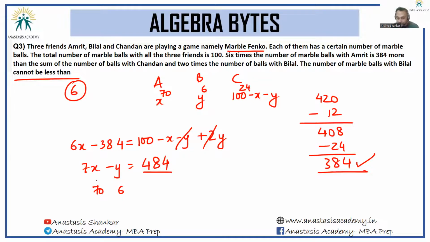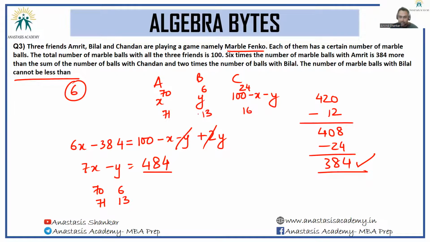It is not to say that x and y can only take values of 70 and 6. The next possible value would be 71 and 13. This would also be acceptable. This increases by 1, this increases by 7. Yes, this would also be acceptable. Let's go ahead and, for the sake of time pass, let's check 71 and 13.